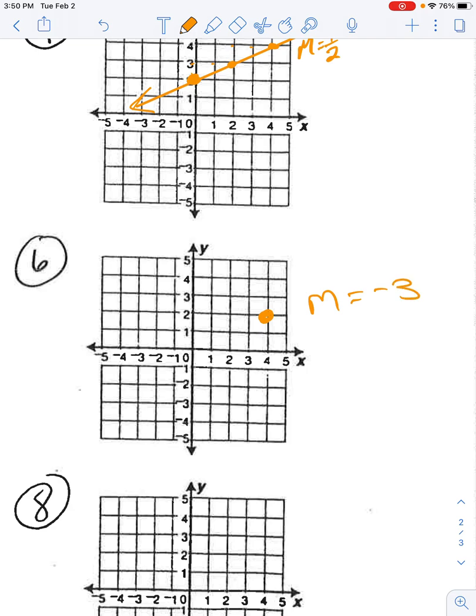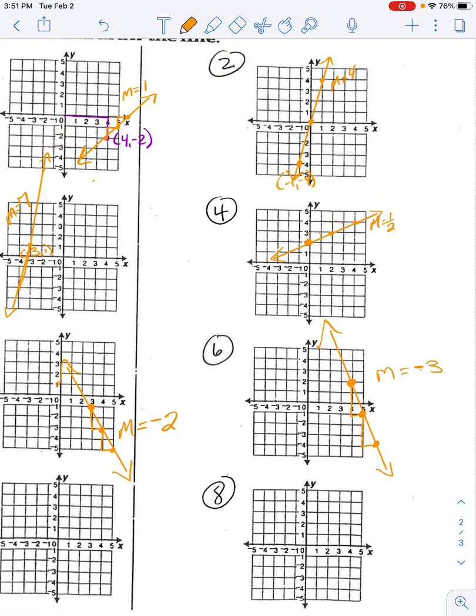So down 3, 1, 2, 3, and run 1. A slope of -3. That's not the best line, is it? And again, the line is going down, so you know it does represent a negative, and it's steeper than the -2.